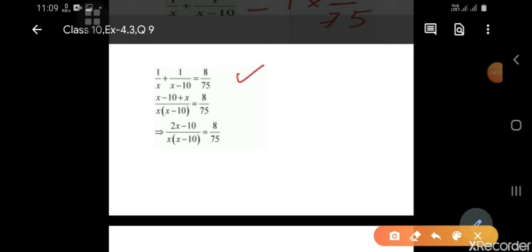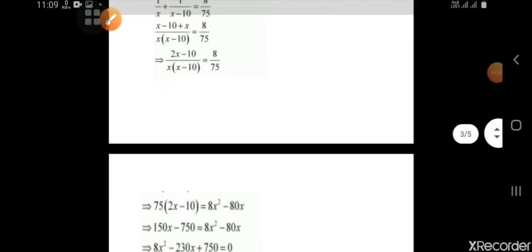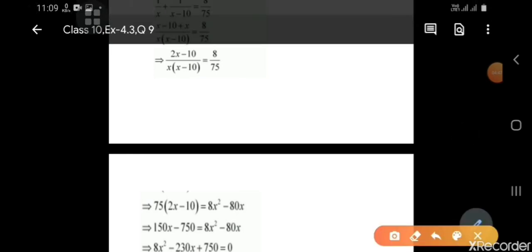Now take x into x minus 10 as the LCM, so we get x minus 10 plus x over x into x minus 10 is equal to 8 by 75. Then after calculation we get 2x minus 10 by x into x minus 10 is equal to 8 by 75.